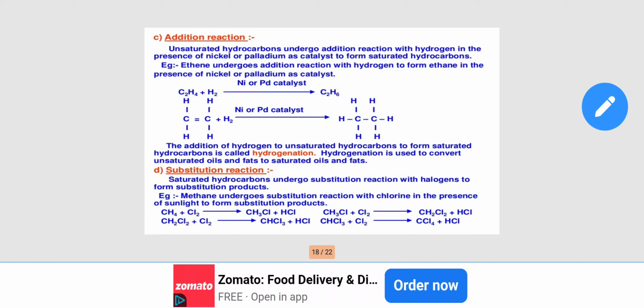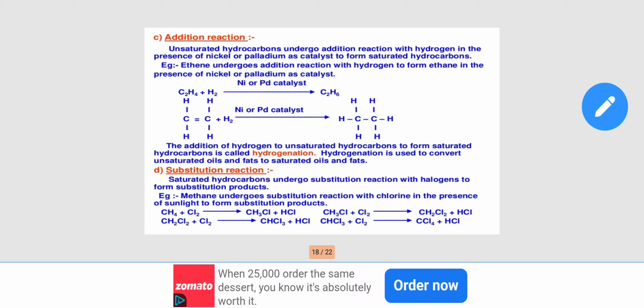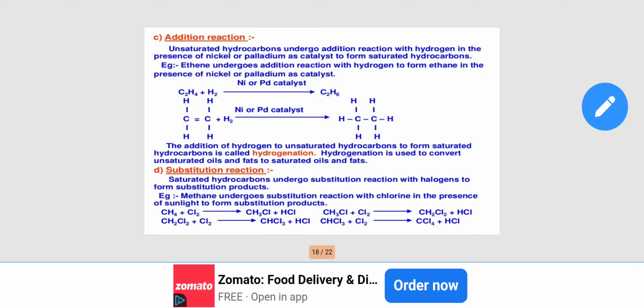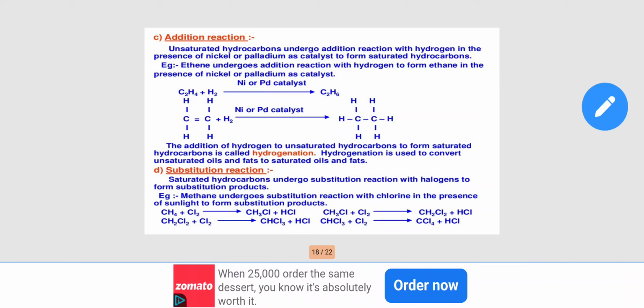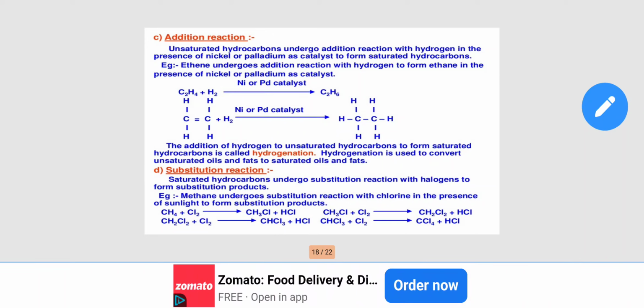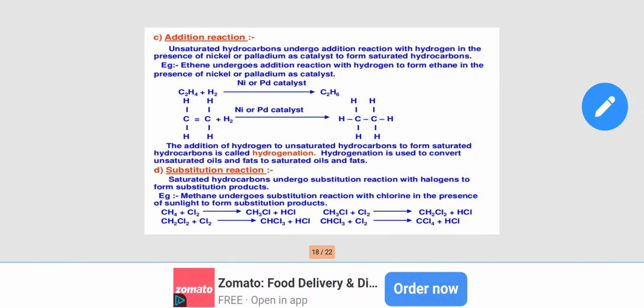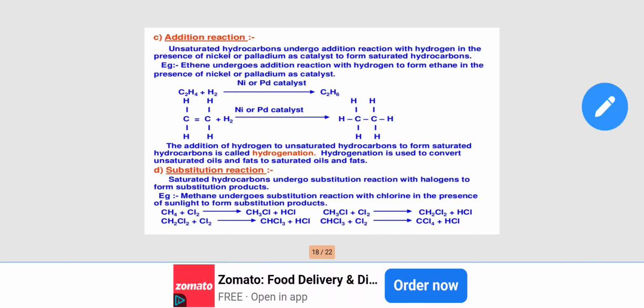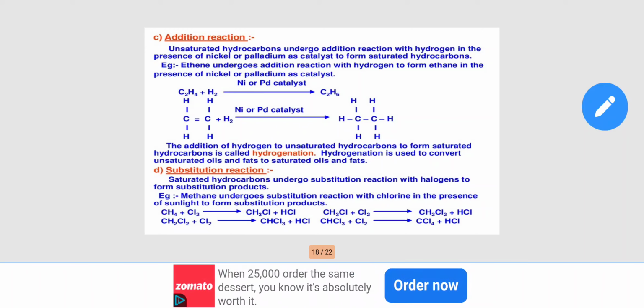Hydrogenation is used to convert unsaturated oils and fats to saturated oils and fats. Substitution reaction. Saturated hydrocarbons undergo substitution reaction with a halogen to form substitution products. For example, methane undergoes substitution reaction with chlorine in the presence of sunlight.